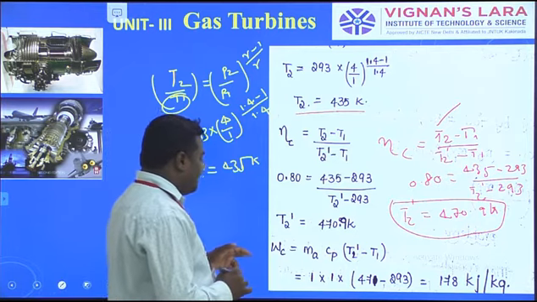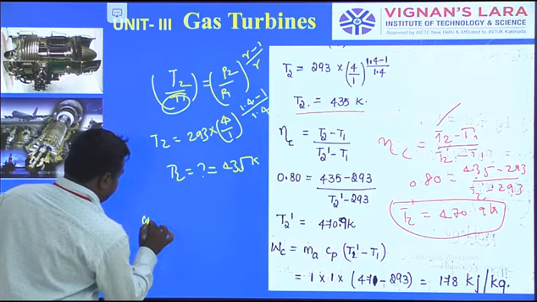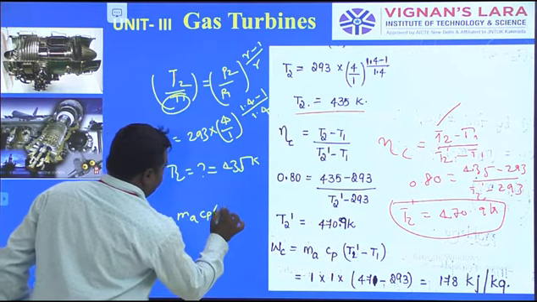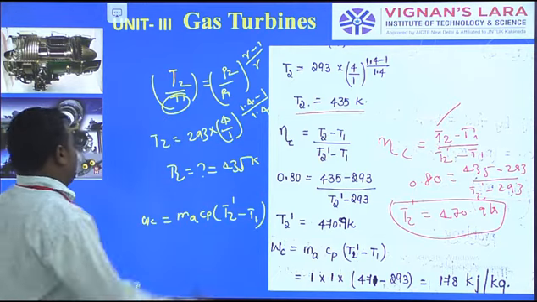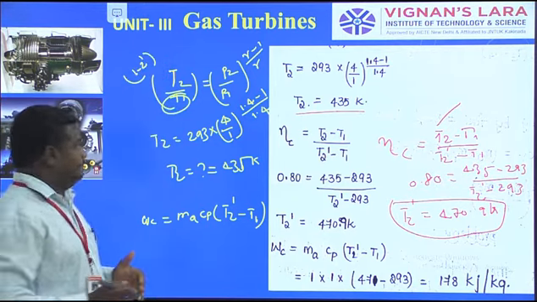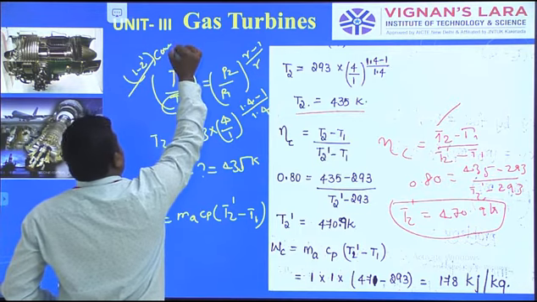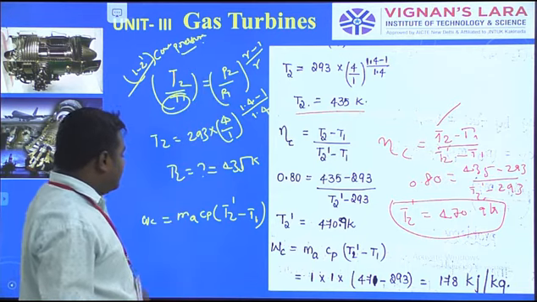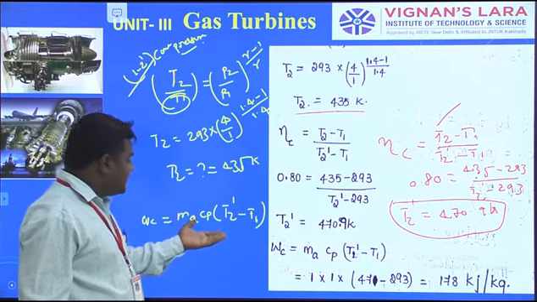WC equals MA Cp into T2 dash minus T1. This is the 1 to 2 dash process, a constant pressure process. So the work done for the compressor is MA into Cp into T2 dash minus T1.